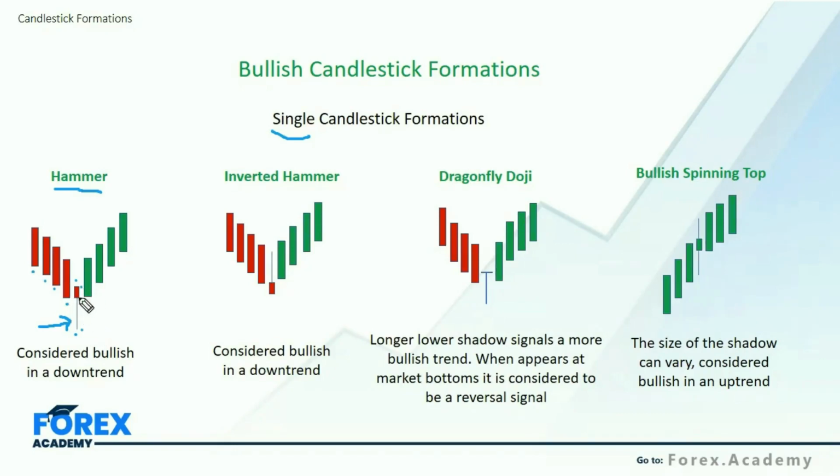It just so happens to be the open as well, and we can see the close of this market. There's quite an extended gap between the low and the close, and that gives us some real valuable information as a trader. So when we see price action like this, traders consider this fairly bullish in a downtrend, meaning we're very likely to get a little bit of price action back to the upside in a market like this. So that's what we can expect from a hammer.